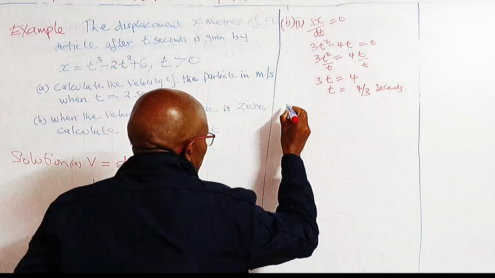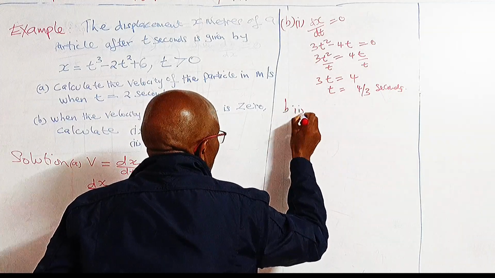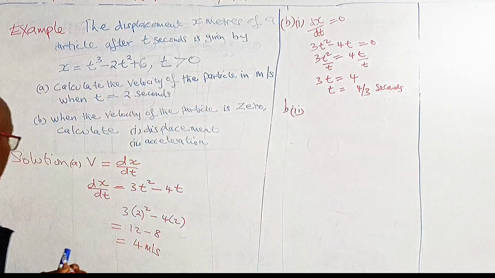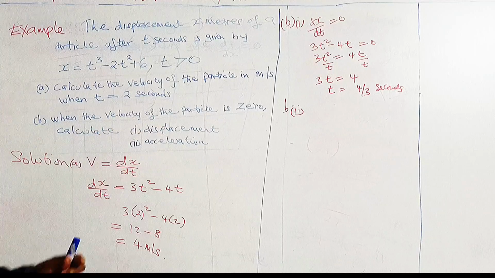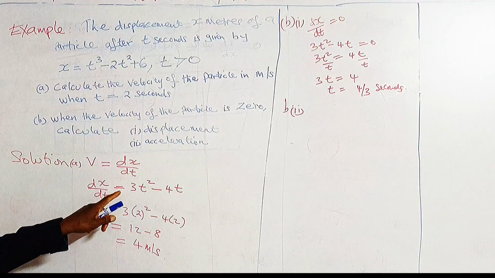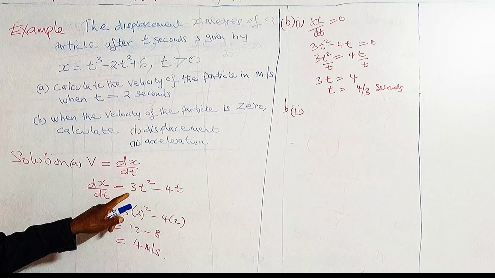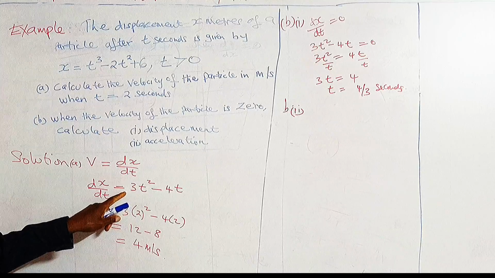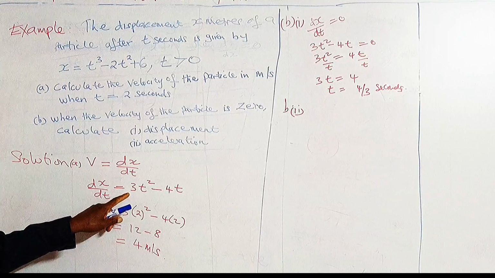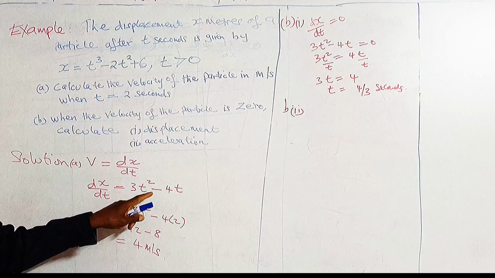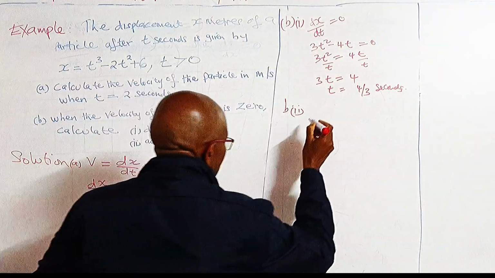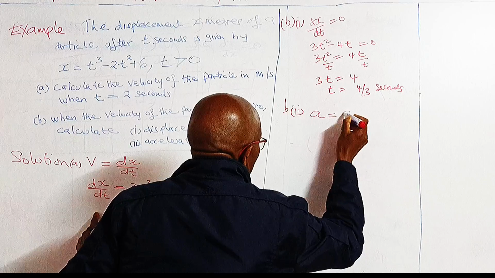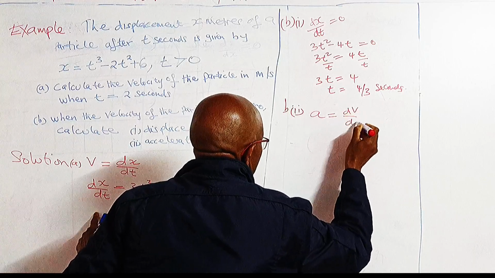Solution to B2, we have to calculate the acceleration when the velocity is 0. Our velocity is 3t squared minus 4t. Therefore, what is our acceleration? Acceleration is equal to dv/dt.